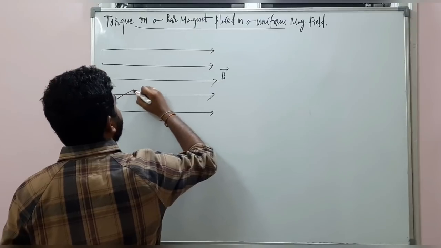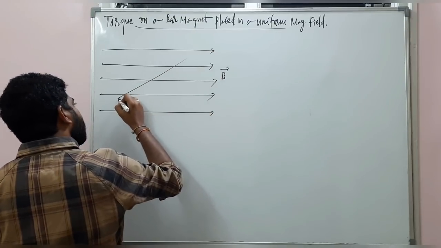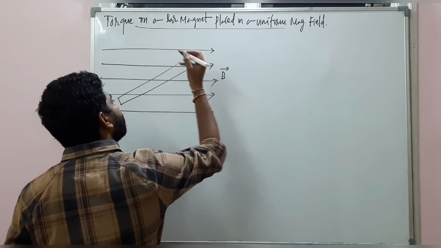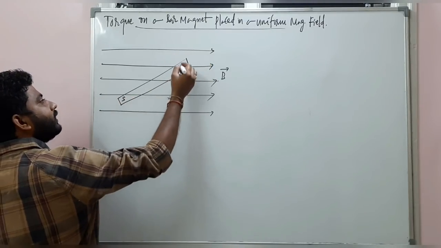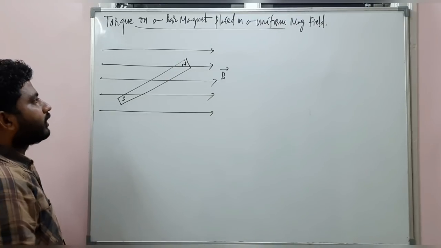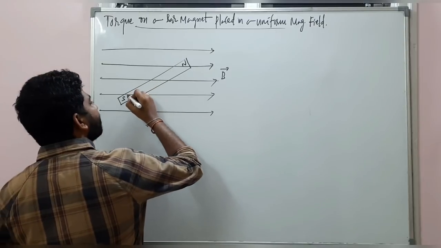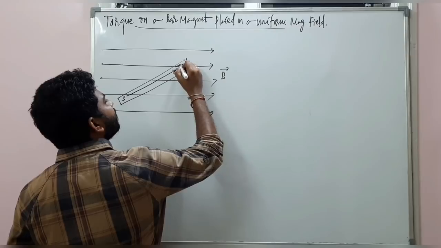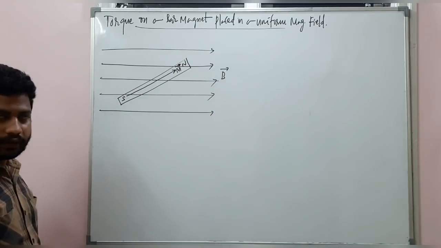Carefully look at this bar magnet which is having a south pole and a north pole. Imagine it's a south pole and it is a north pole here. And the magnetic moment of this magnet will be from south pole to north pole. It is M bar. Alright.